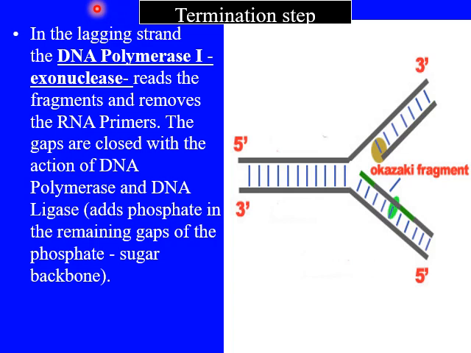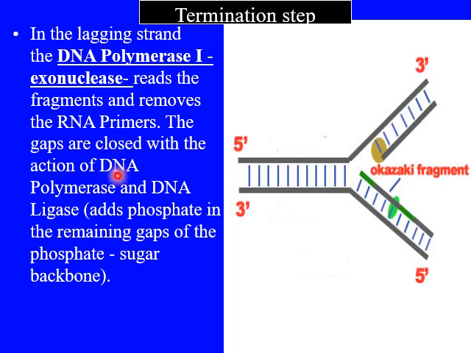the sequence is altered. Every sequence has been added, all the complementary bases have been added. Then it gets to the termination step where the stop codon initiates the stop action. The DNA polymerase reads the fragments and removes the RNA primers that were ensuring the synthesis of the bases.